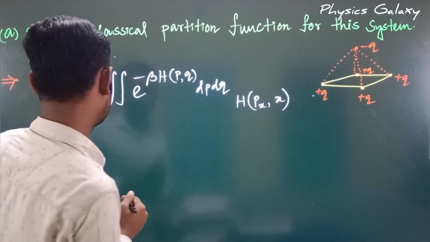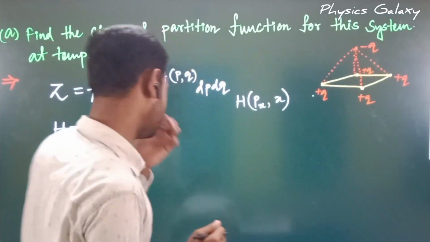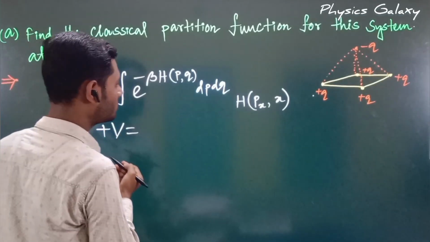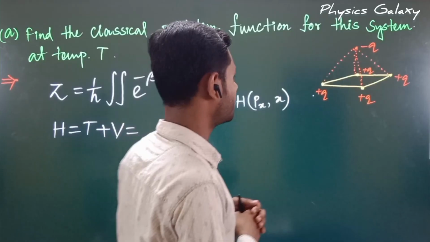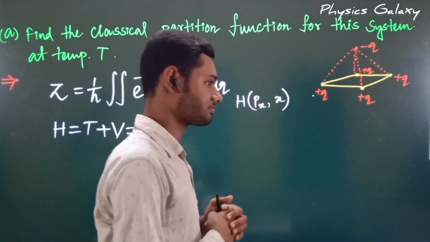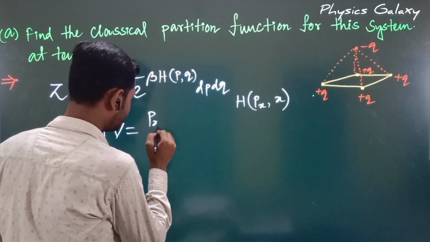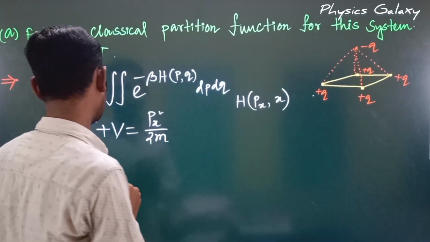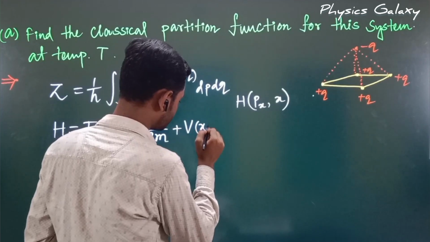I consider this a conservative system, so H is equal to T plus V. T is the kinetic energy of the system. This particle can move only in the x direction, so it has only px momentum, and T is equal to px square by 2m. This is the kinetic energy, plus the potential energy.